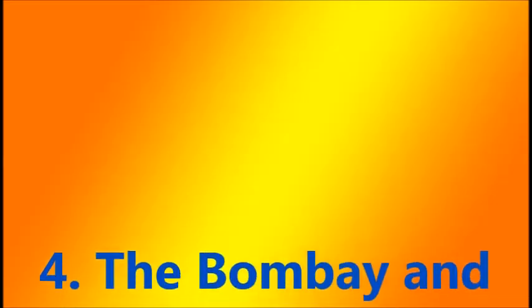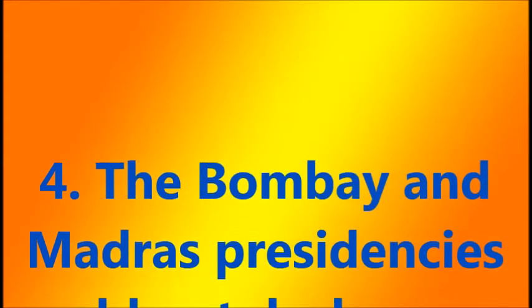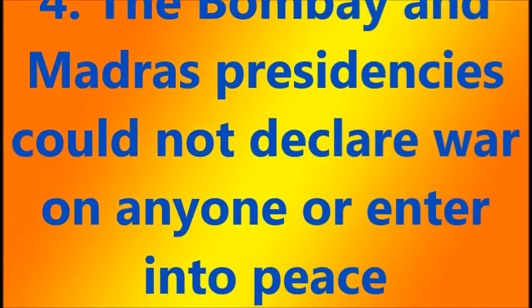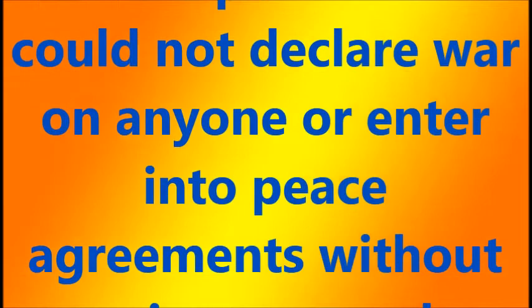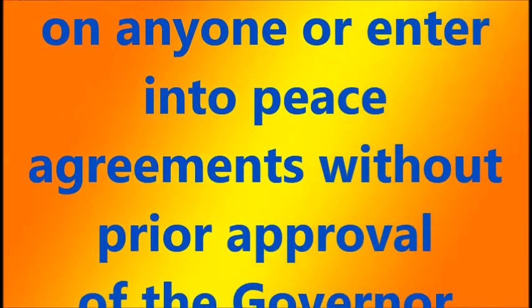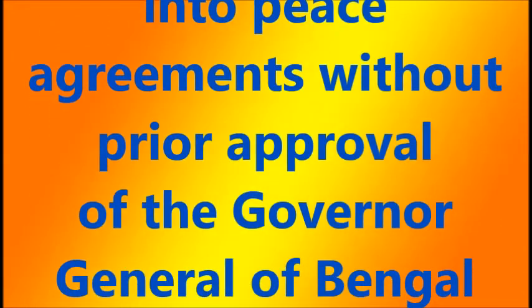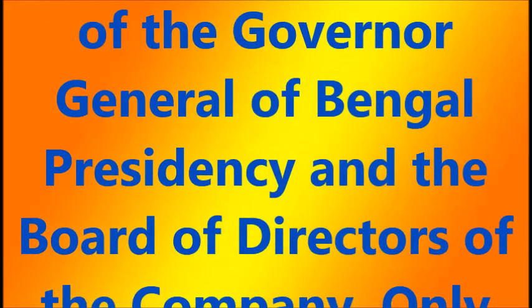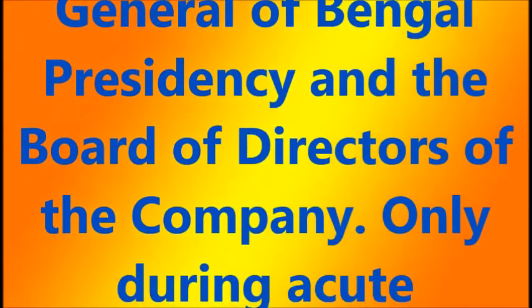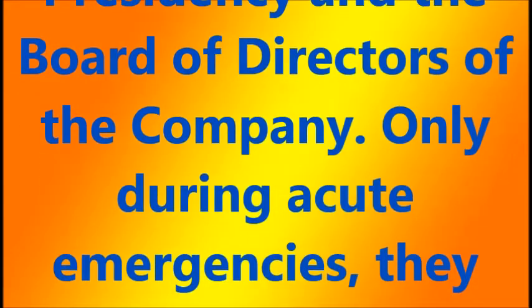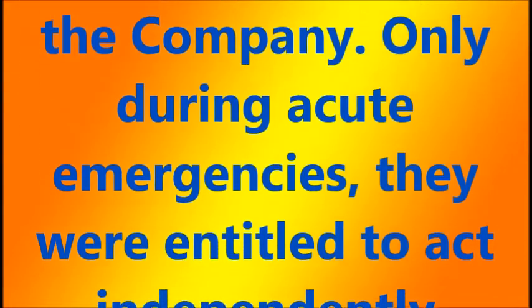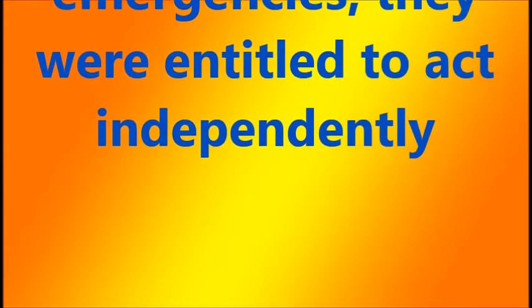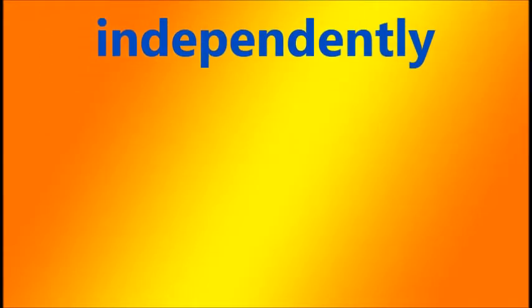The Bombay and Madras presidencies could not declare war on anyone or enter into peace agreements without prior approval of the Governor General of Bengal Presidency and the Board of Directors of the company. Only during acute emergencies they were entitled to act independently.